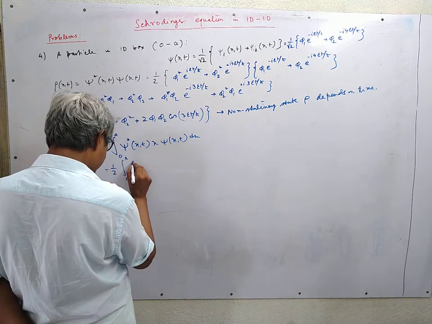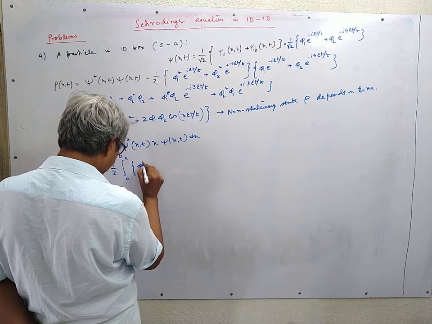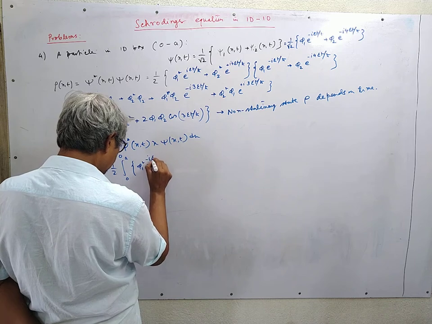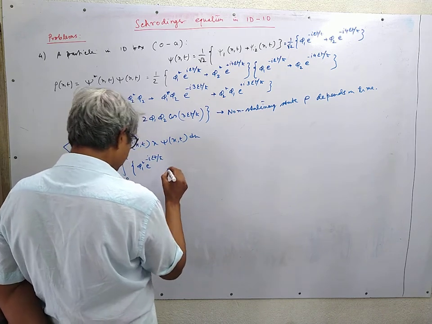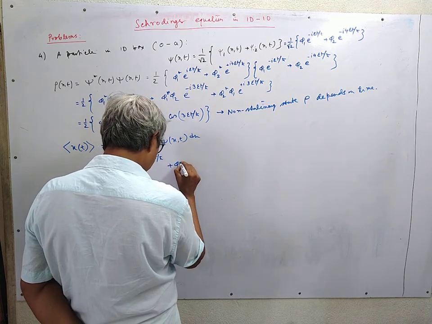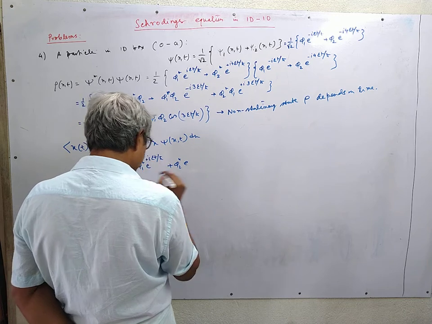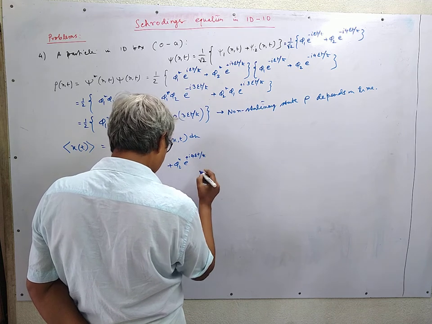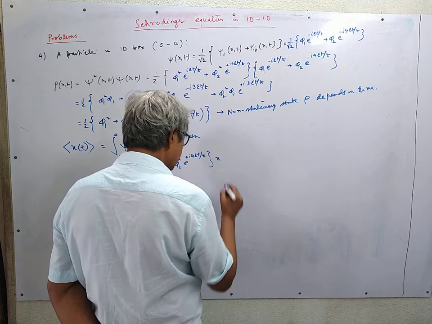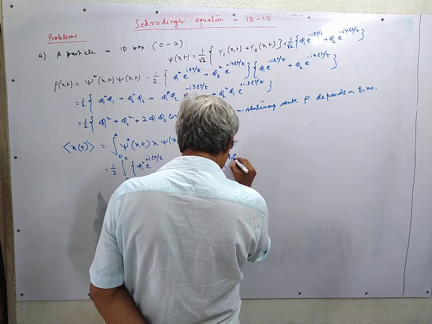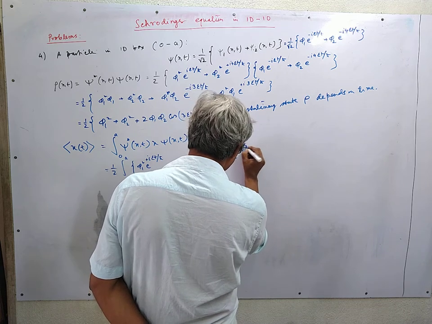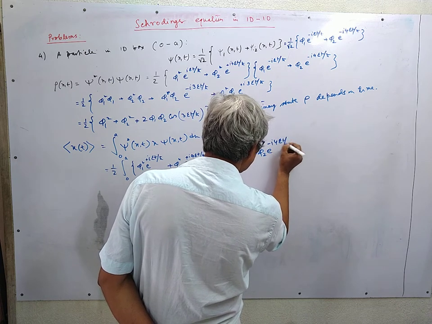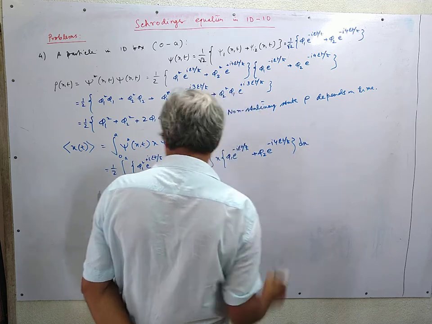For this part we write ... plus i 4 epsilon t by h cross times x dx.